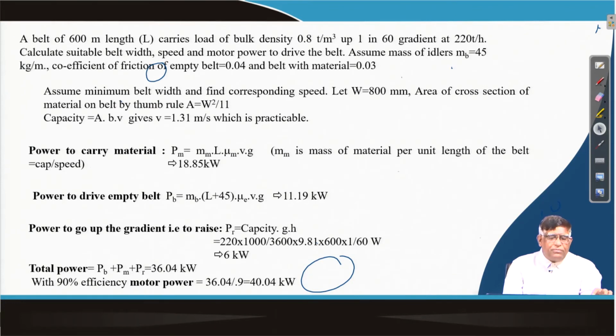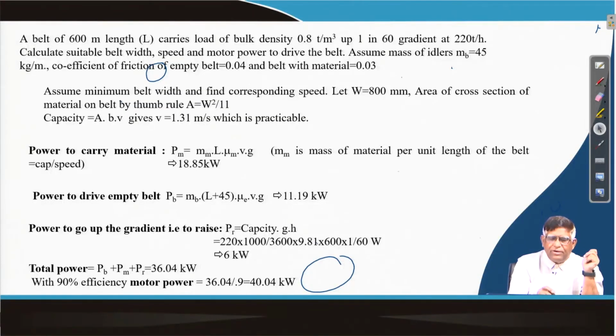There are three power components that are very important. One is the power to carry the material, that is, the mass of the material per unit length. From the required capacity, the distance and the velocity, you can calculate how much coal or iron ore is coming on every meter of the conveyor belt.